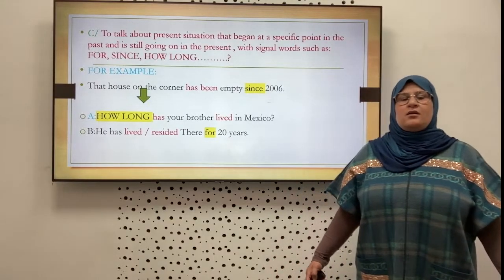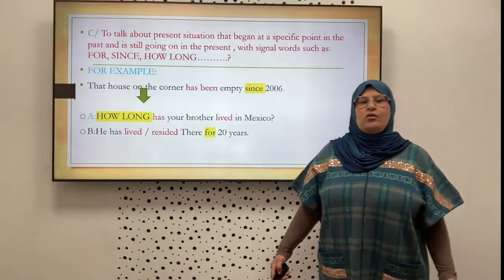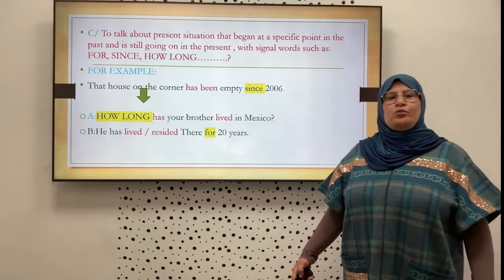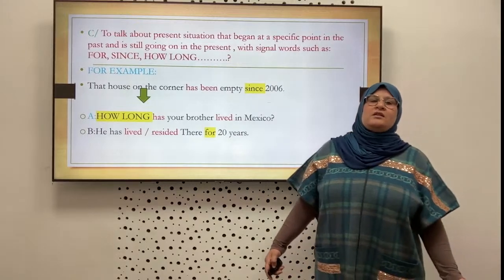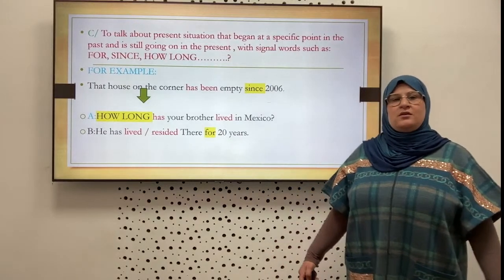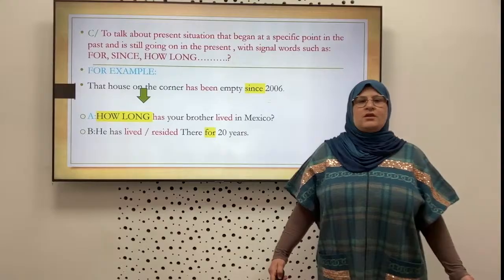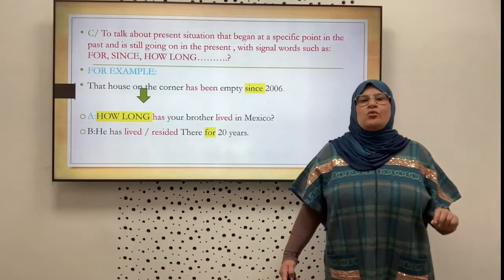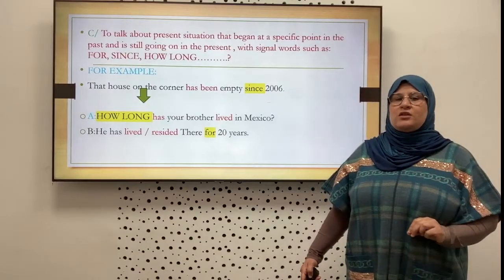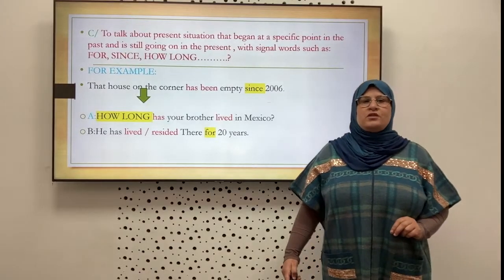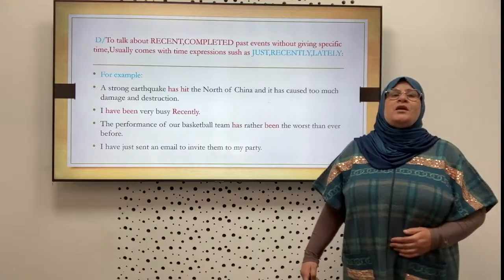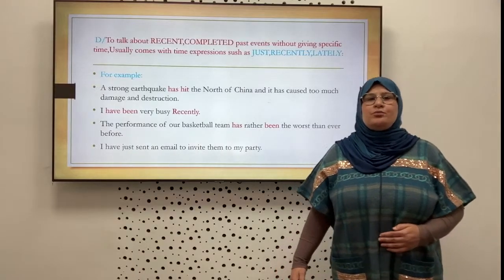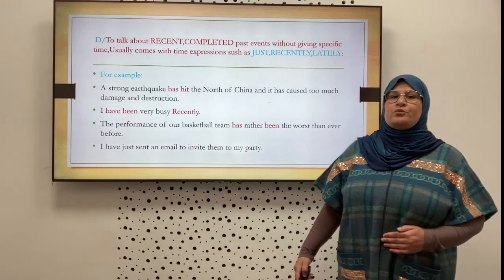And when we ask a question using how long, for example, how long has your brother lived in Mexico? You say that he has lived or he has resided there for 20 years. So just bear in mind that for, since, how long are one of the main indicators or signal words of the present perfect simple.